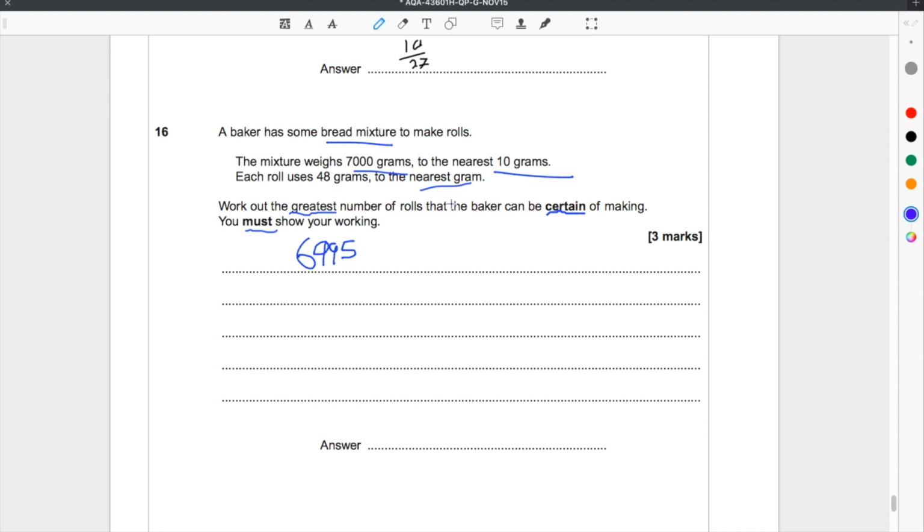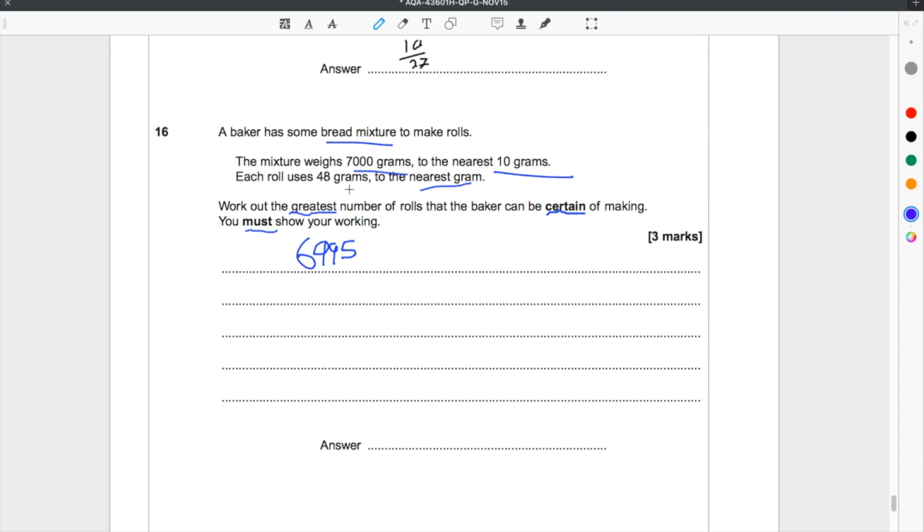Because if it's rounded to the nearest 10 grams, then this is the smallest value that would round to that. So clearly, in the worst case scenario, he could have 6,995 grams of the mixture instead of 7,000 grams.